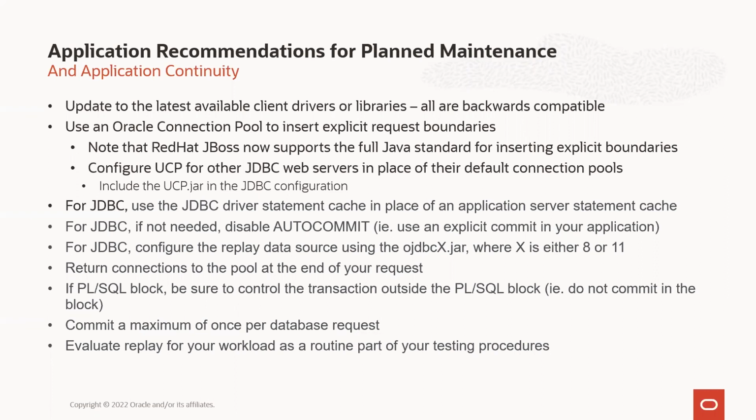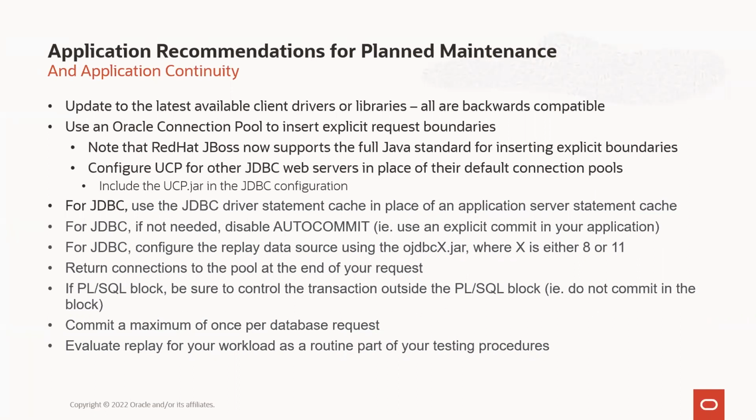I've mentioned this before, but the next point is to return the connections to the pool and end your request. If you don't, you're negating the whole purpose of having a connection pool, which is to reuse connections. If you don't return the connection to the pool, effectively what you're saying is, I need a dedicated connection. All you other people, I'm going to keep this connection forever.